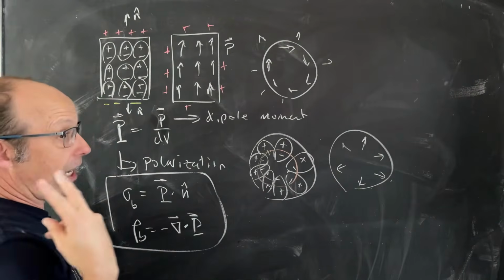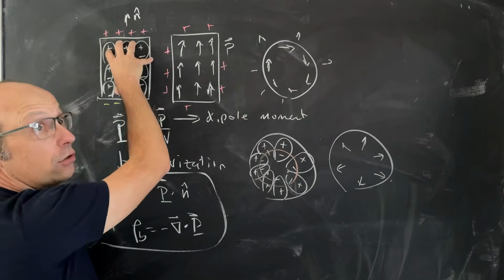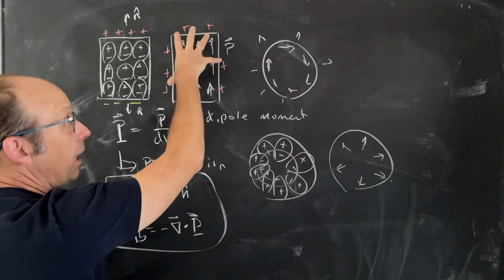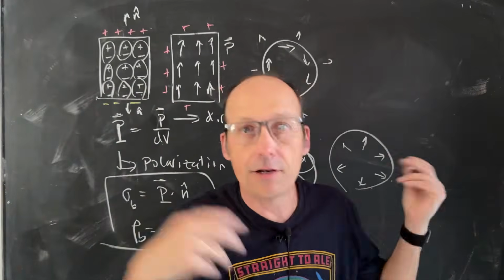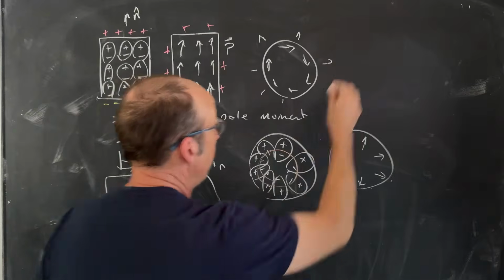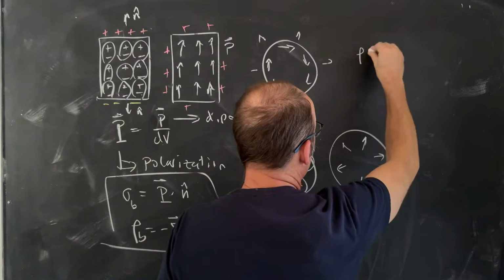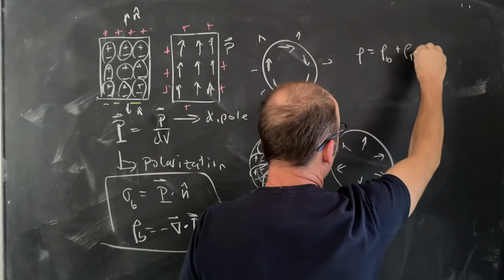So I can actually have bound charges, which are charge differences due to polarization, and then I can have free charges, which are just extra charges that don't have a pair. They don't have a partner. They're singles. So I can write the charge density as the bound charge density plus the free charge density.